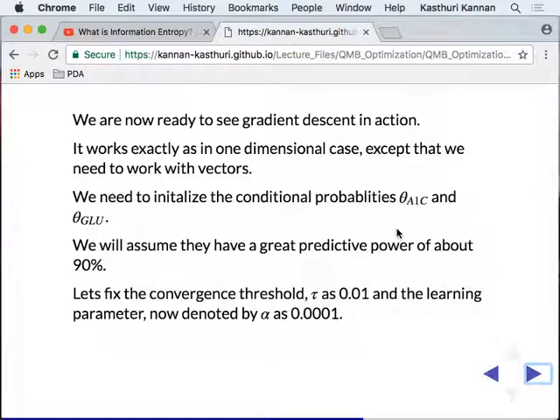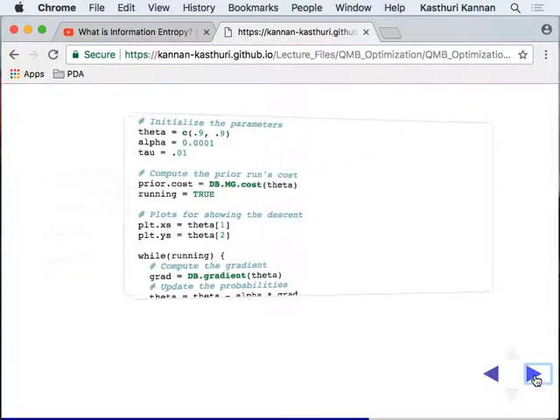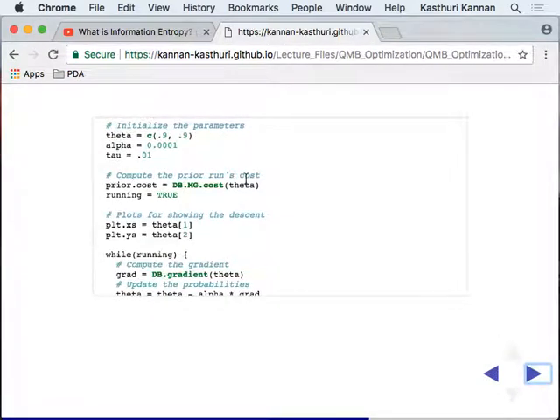We need to initialize conditional probabilities, and we will start by saying that my variables are 0.95, right? So 95% will be diagnosed, and if I start with that, I can initialize the parameters at 0.9, and then you define this alpha parameter, which is the learning rate, and also the tau.